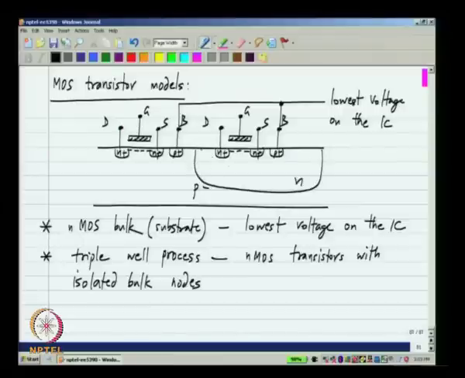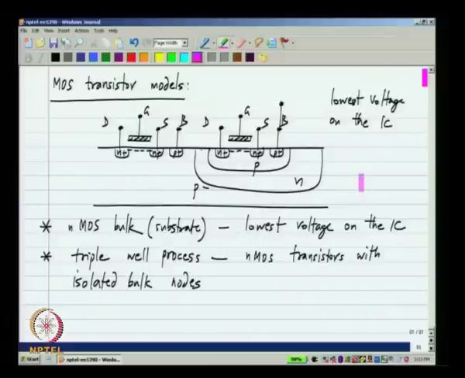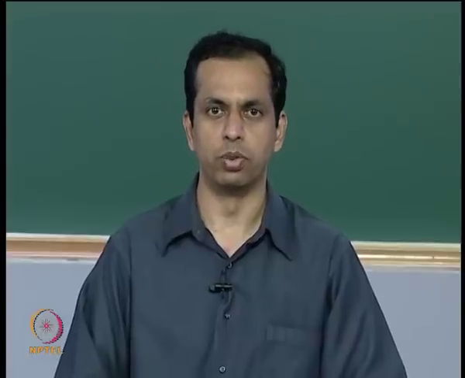You will have an N well, and in that you will have a P well. Now, because the P well inside has no connection to this one, the bulk of the inner transistor can be connected independently of what happens to the substrate of the outer transistor. So, in this case, this bulk here need not be connected to the lowest potential, you can connect it to whatever potential is required for the proper operation of that transistor. But most of the processes that are commonly used are not triple well processes, and you will be forced to connect the NMOS transistors bulk to the lowest voltage on the chip.